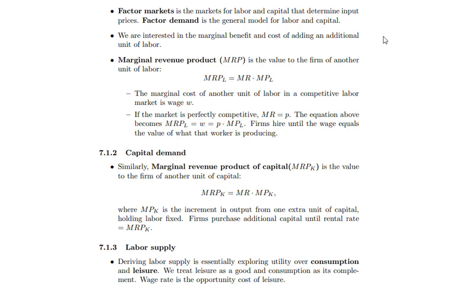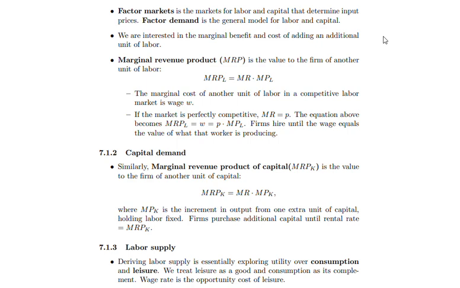That is, the marginal revenue product equals the marginal revenue times the marginal product of labor. The marginal cost of another unit of labor in a competitive labor market is the wage, represented by W.